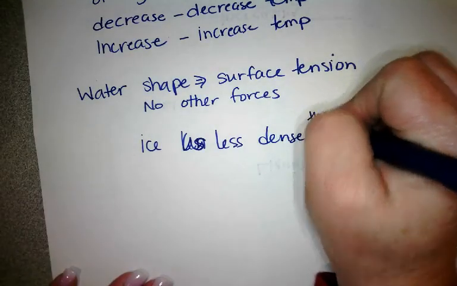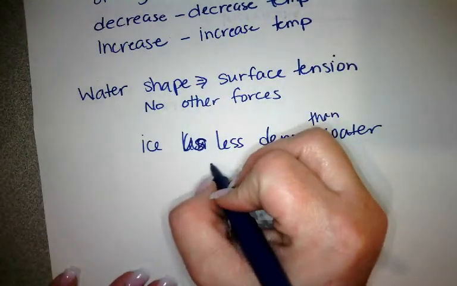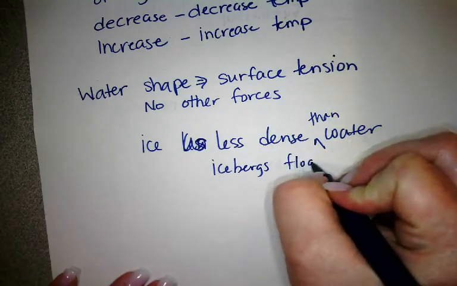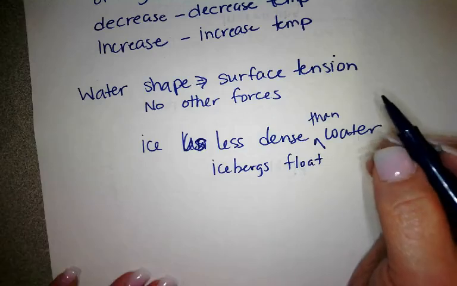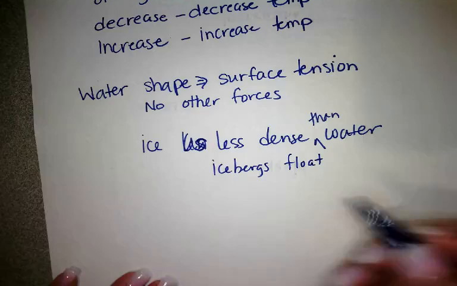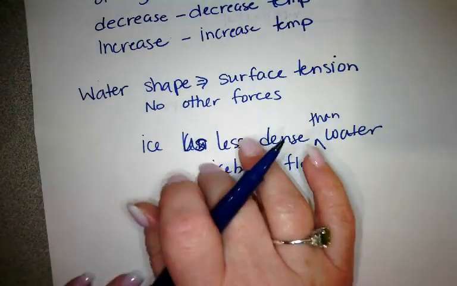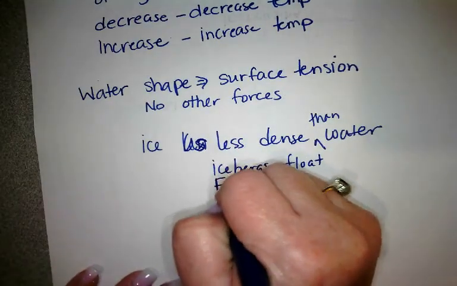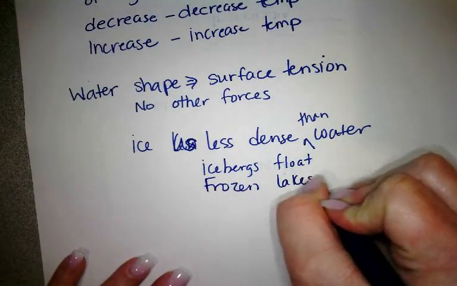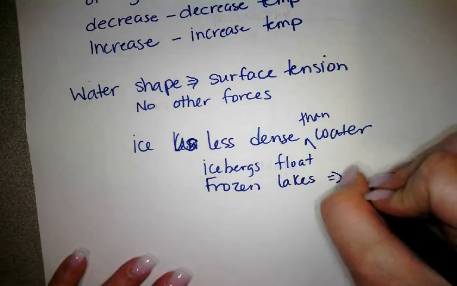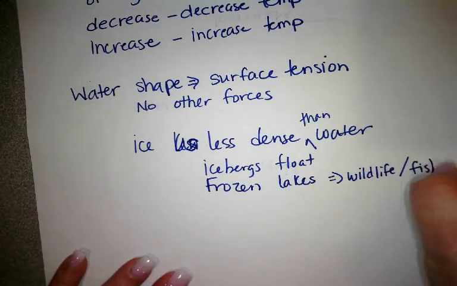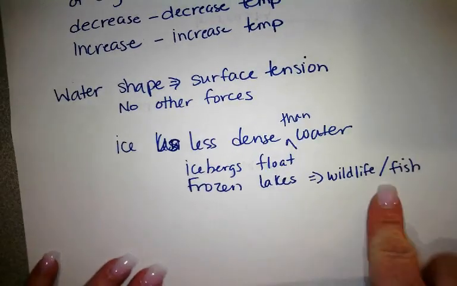Also, when we're looking at frozen lakes, wildlife is still present, or more specifically, fish are still living in there, or other organisms living in the water. So these are some situations showing what could happen when ice is less dense than water.